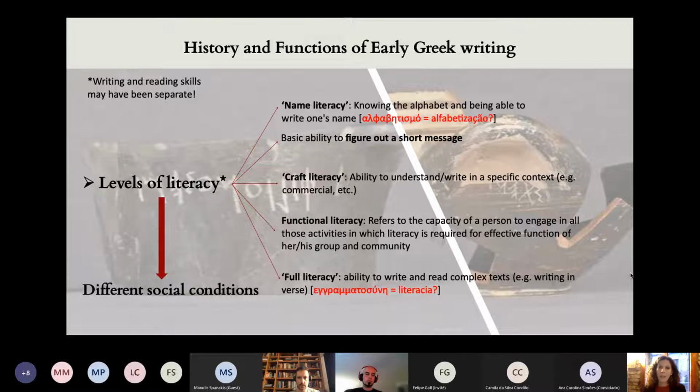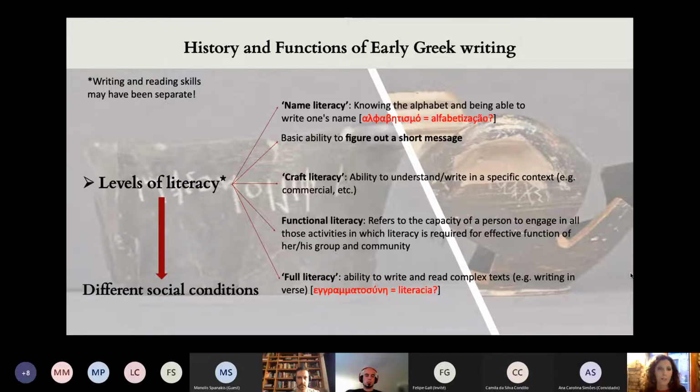For example, the author of the Nestor Cup could be a person that had the knowledge and could maybe recreate the verse because he had this knowledge, but maybe couldn't write everything or read everything. And also we have to remember that writing and reading skills are very, very different things.